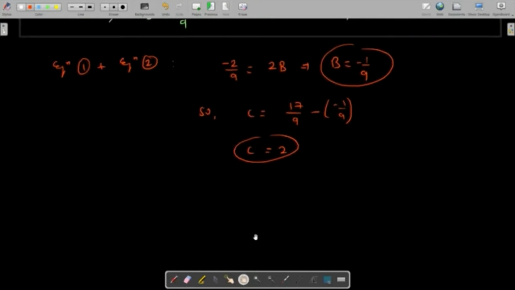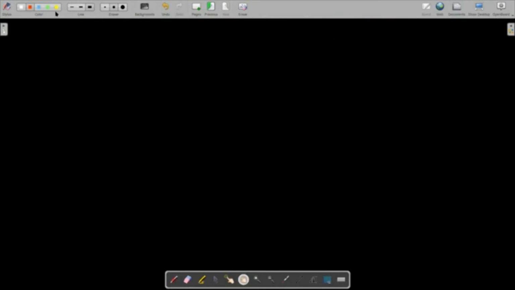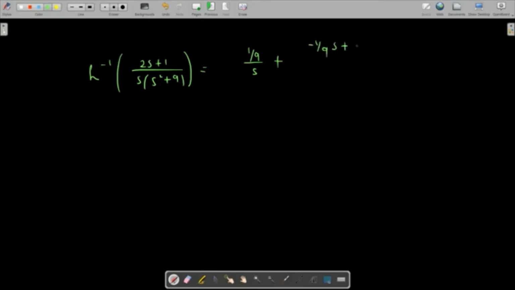So the Laplace, more precisely the inverse Laplace of (2s + 1) over s(s² + 9), is going to be A over s, so (1 over 9) over s, plus (Bs + C) over (s² + 9), so that's (negative 1 over 9)s plus 2 over (s² + 9). That's something we have to find.